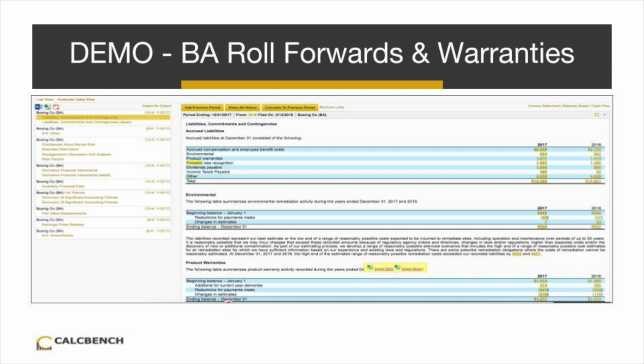But warranties especially are the kind of thing that people track over time, especially in a big manufacturing type environment, whether you're a heavy equipment manufacturer like a Boeing or a Caterpillar, John Deere, etc. These things can accrue over time, and you want to take advantage of the fact that this data is available to you now in a digital format. Historically, users of data like warranties had to literally dig through the documents.